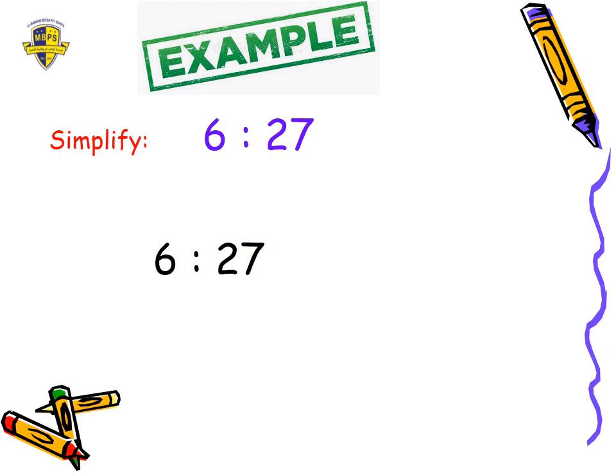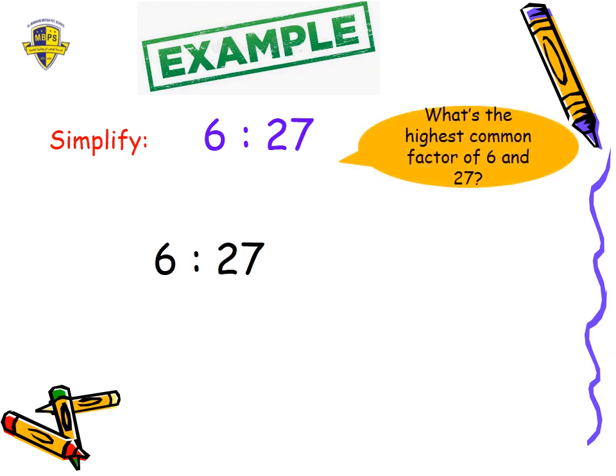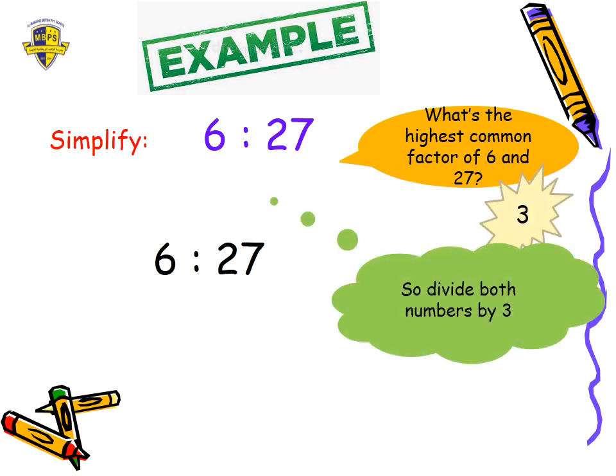So now the first step, we find the common factor and it's 3. The second step, let's divide. 6 divided by 3 equals what? 2. Excellent. And 27 divided by 3 equals 9. Good. So now the simplest form is 2 to 9.